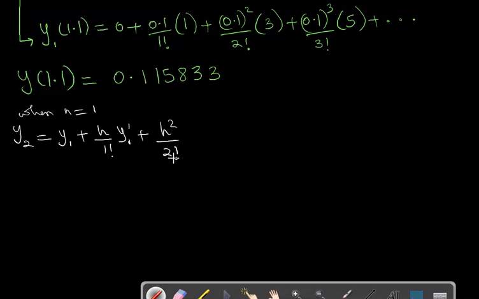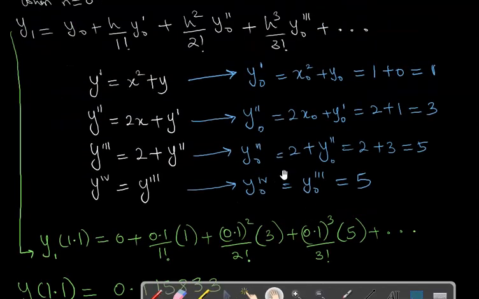You just simply change wherever you see n to 1, and h cubed over 3 factorial, and so on and so forth. Not to forget that we already have the value of this.